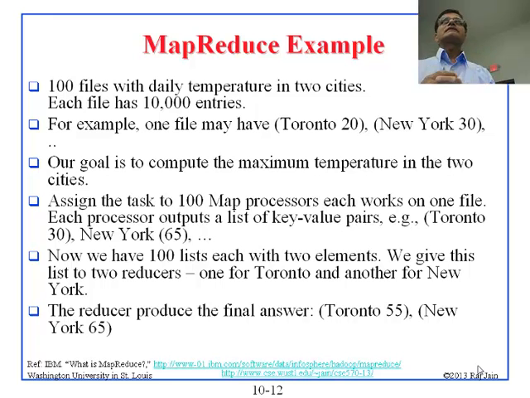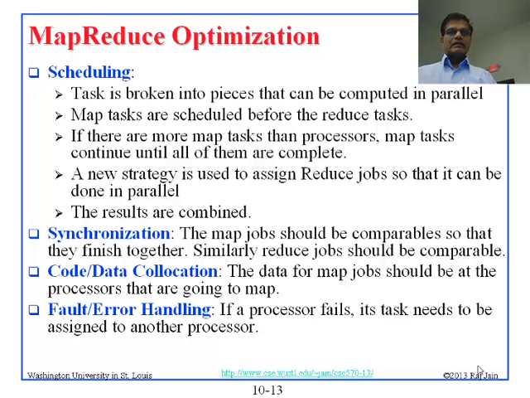The part that is not predictable is failure, something unexpected. A disk can fail, and the job will not be finished. All right, so we are done with the optimization.